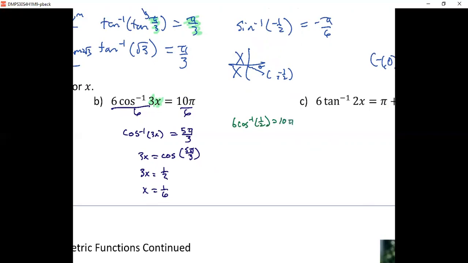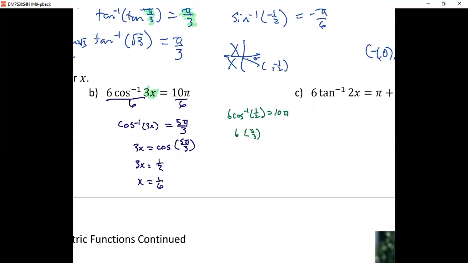So the inverse cosine of 1/2 is going to be pi over 3. Interesting. So that's supposed to be 2 pi. I'm going to have to look at this. Let me scratch that for right now. Let me look through that one more time.